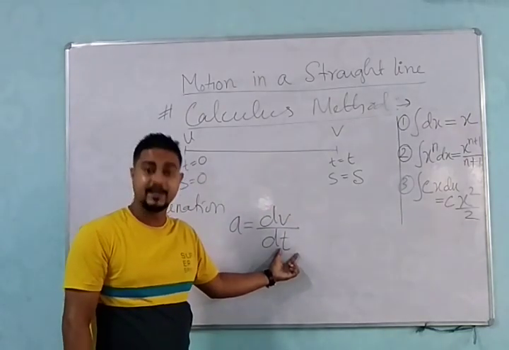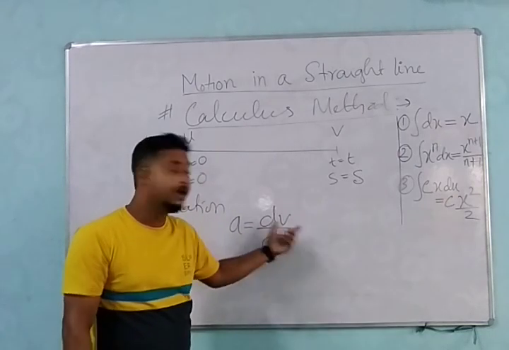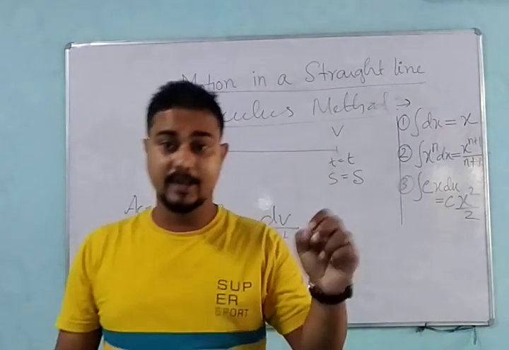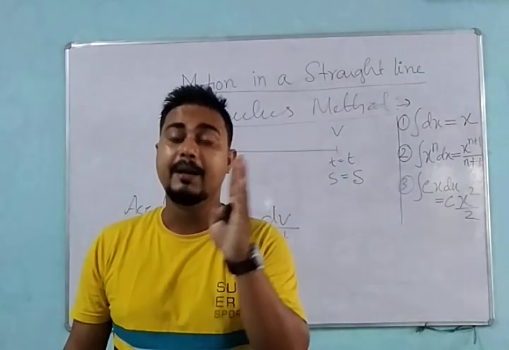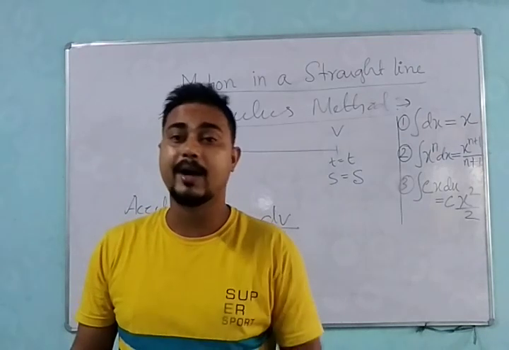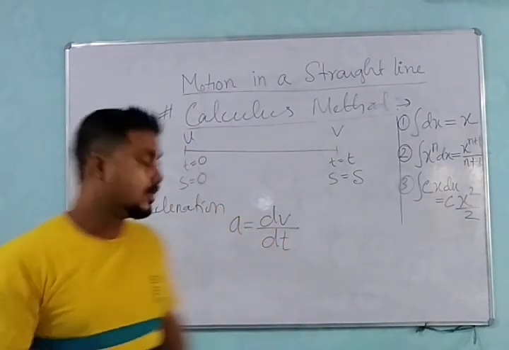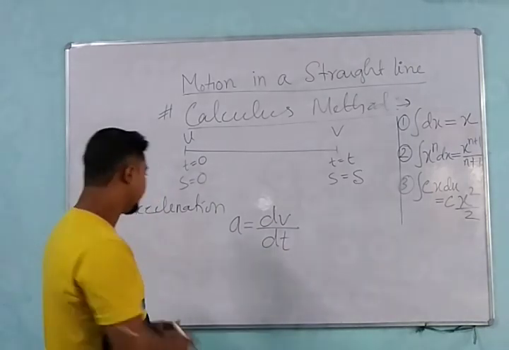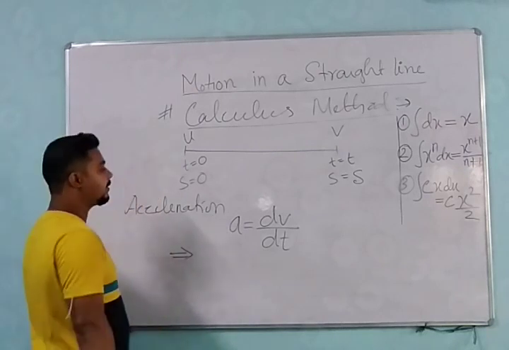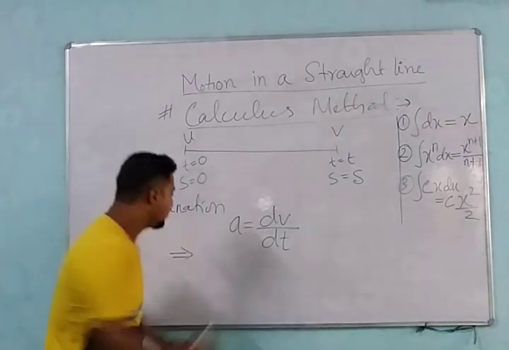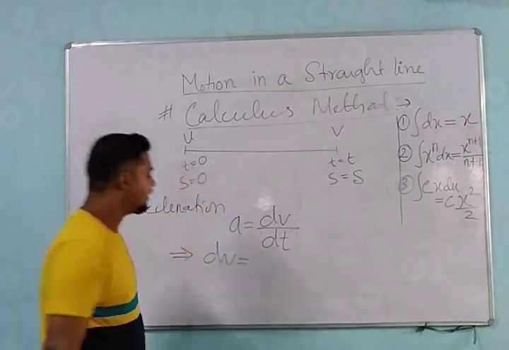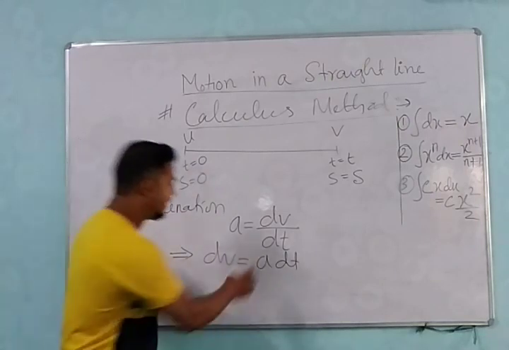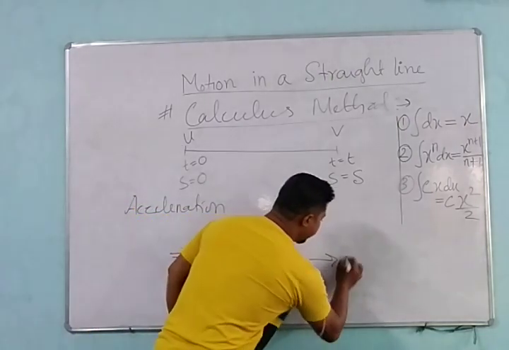This rate of change of velocity with respect to time is called acceleration. So dv is equal to a into dt. Let's call this equation number 1.